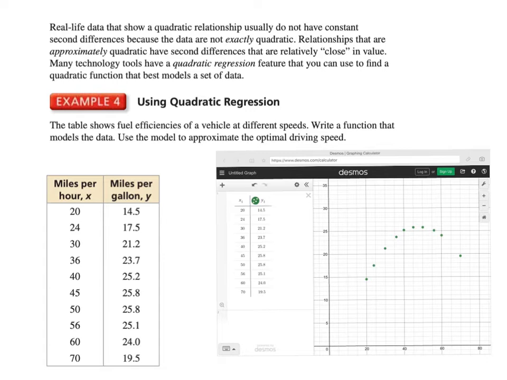That's a good approximation. But when you want to find the best regression model, and that's what this is, the best model for the data, we need technology. So that's what we're going to do with the graphing calculator, with Desmos.